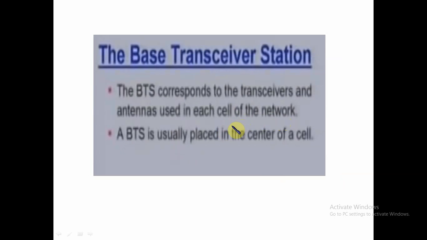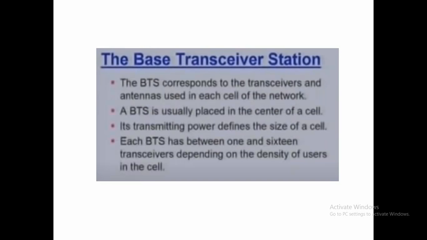The base station is usually placed in the center of the cell. In previous lectures, we already saw that this is not the only way to deploy it. It can be at the corner of cells, or we can subdivide a cell, split the cells and put smaller base stations within the cell.